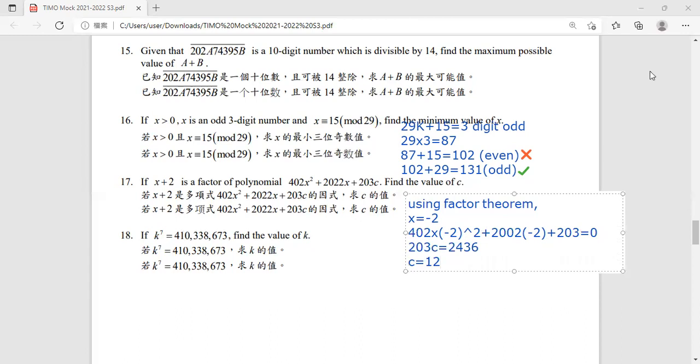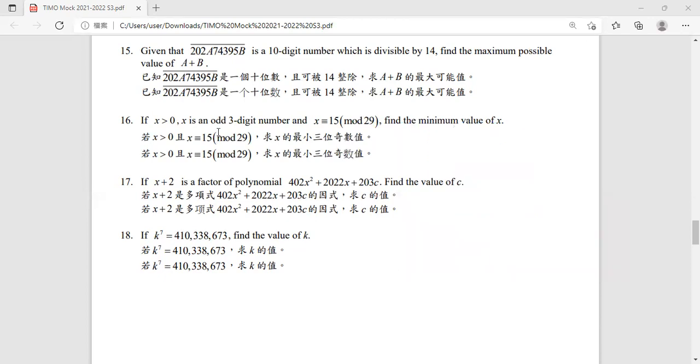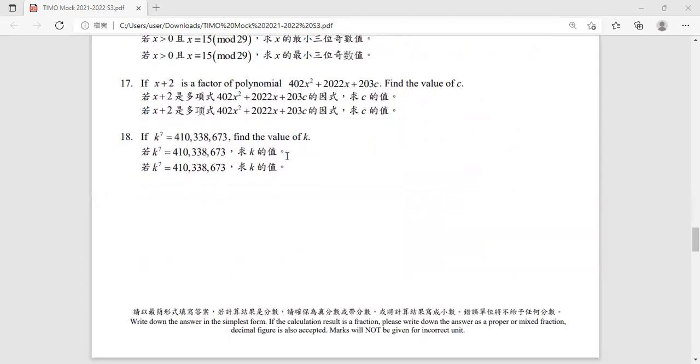You said factor theorem is okay. Any questions? Good.